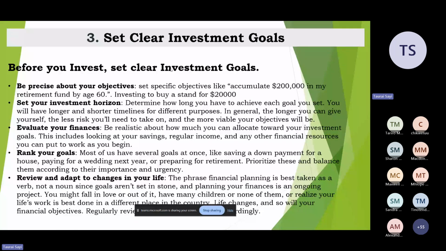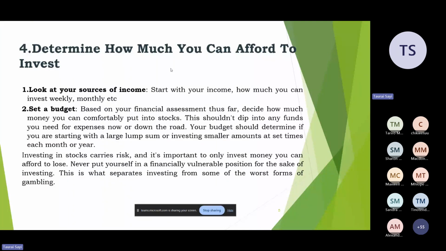So, and also determine how much you can afford to invest. Look at your sources of income. Start with your income, how much you can invest weekly, monthly, or quarterly. Set a budget based on your financial assessment thus far.